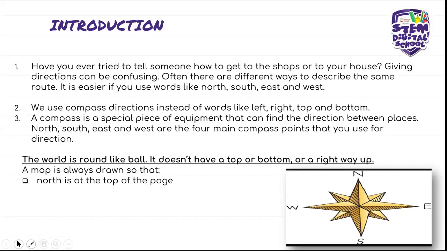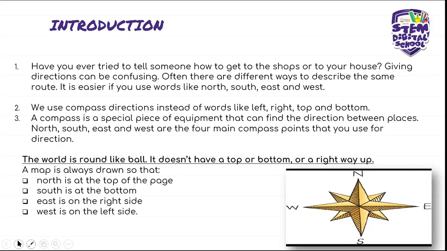The south part is at the bottom, at the end of the page, the bottom of the page. The east is on the right side. As we are looking at the screen now, your right-hand side, yes. And then the west is always on the left-hand side. You should remember this, okay?